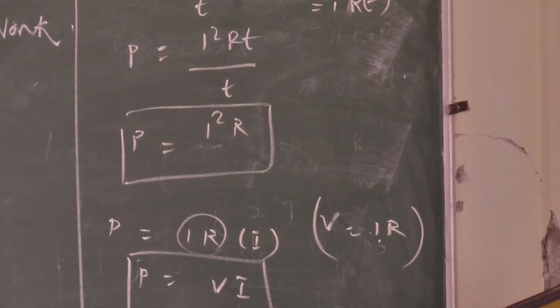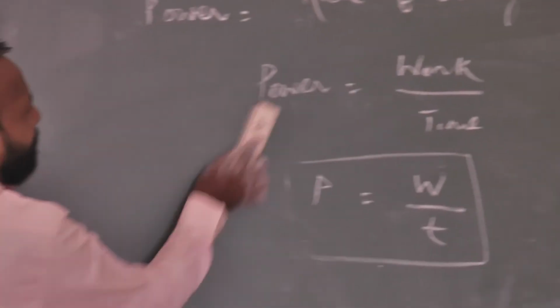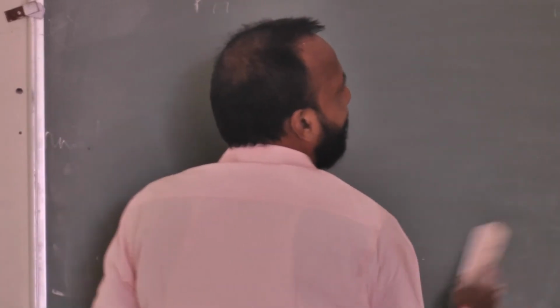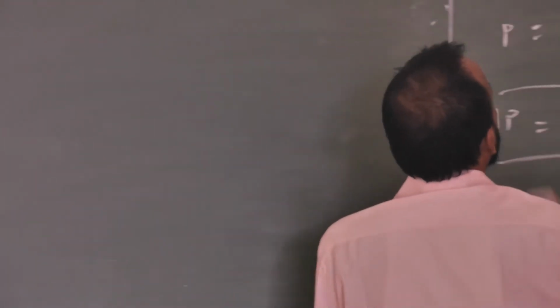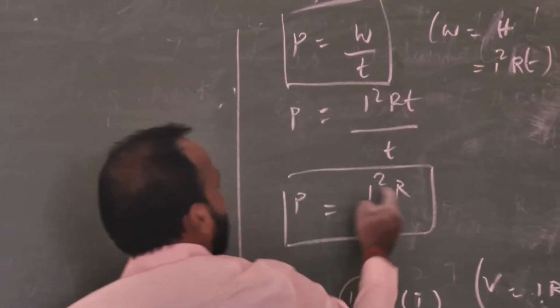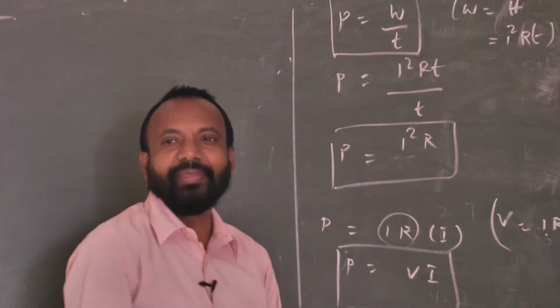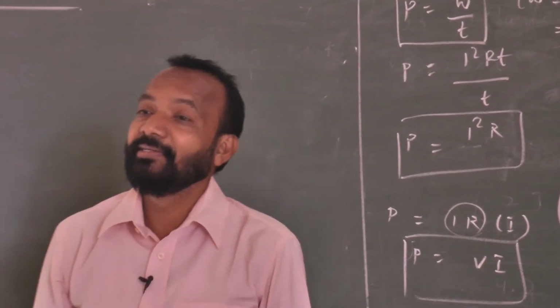Again, we can substitute different values. Power is equal to W by T. Power is equal to I square R. Power is equal to VI, the product of potential difference and current.